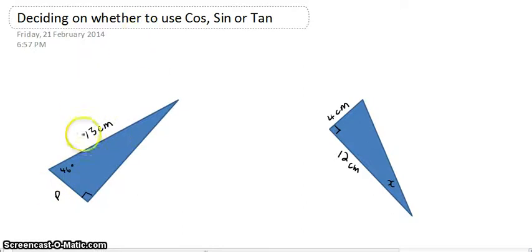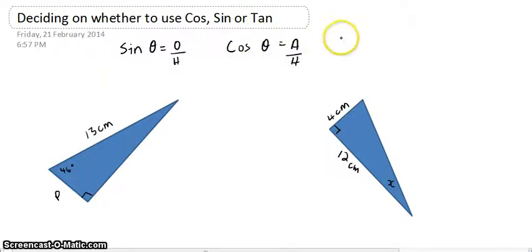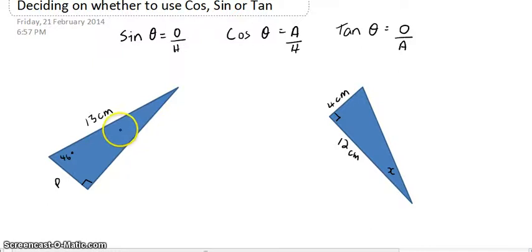Let's look at this question here. Now I'll write up the top our formulas. SOH, opposite over hypotenuse. CAH, adjacent over hypotenuse. TOA, opposite over adjacent. Okay, so we can determine what we might use.